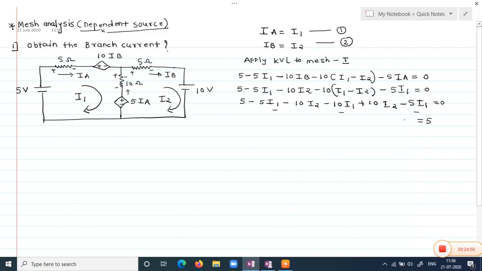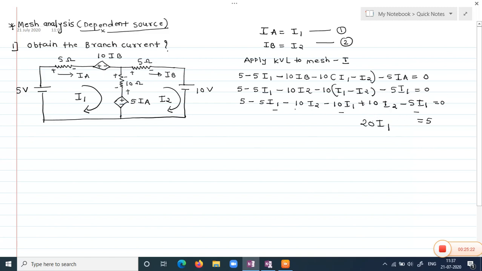Means you will get 5 plus 10, 15, 15 plus 5, you will get 20 I1.